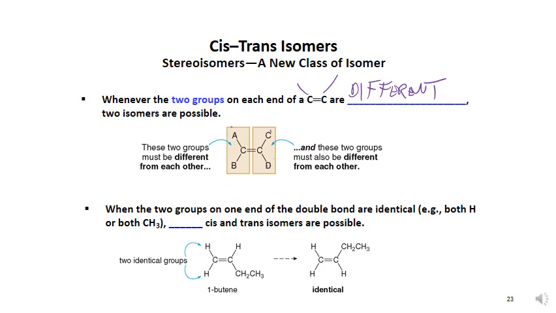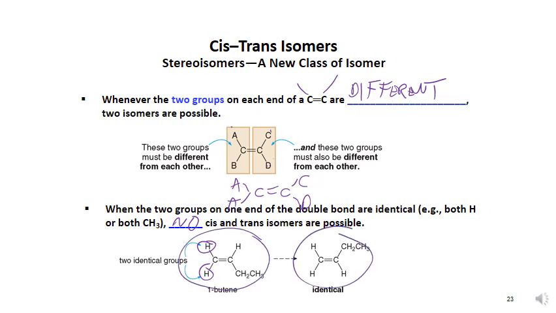But when two groups on one end of the double bond are identical, they're both H's, or they're both CH3s, in this example, it would be A, C, double bond to C, C, D. If it was like that, okay, then you wouldn't have cis-trans isomers, because what's the difference between this molecule and this molecule? Nothing. Just flip it over. It's the same.